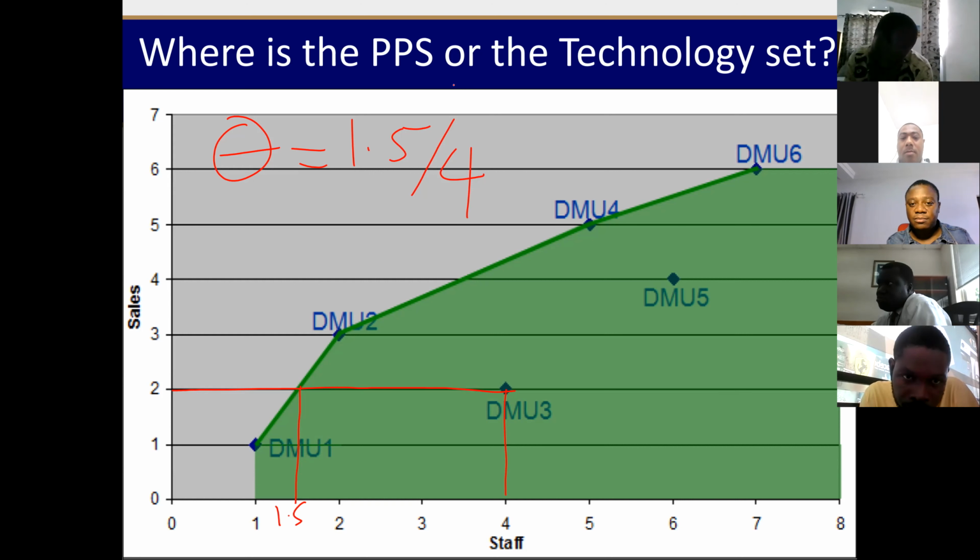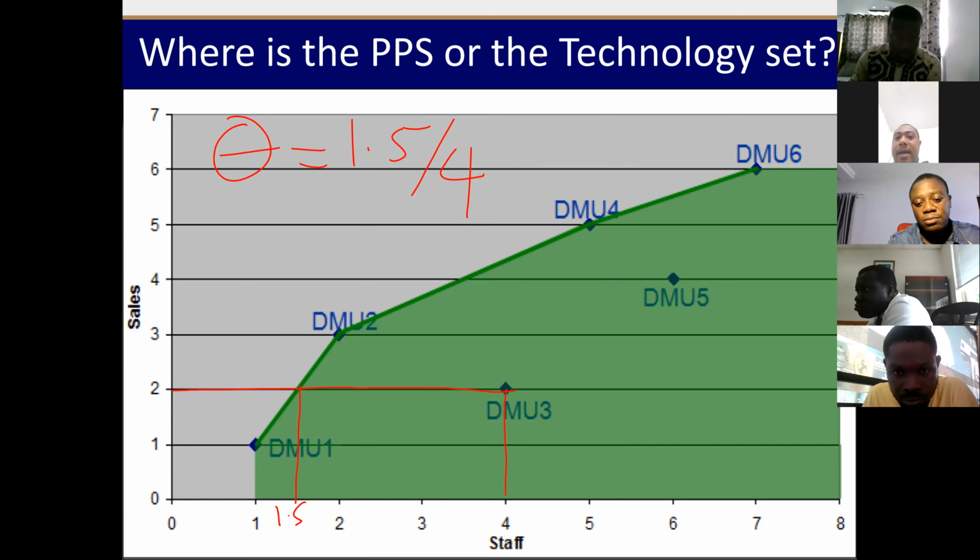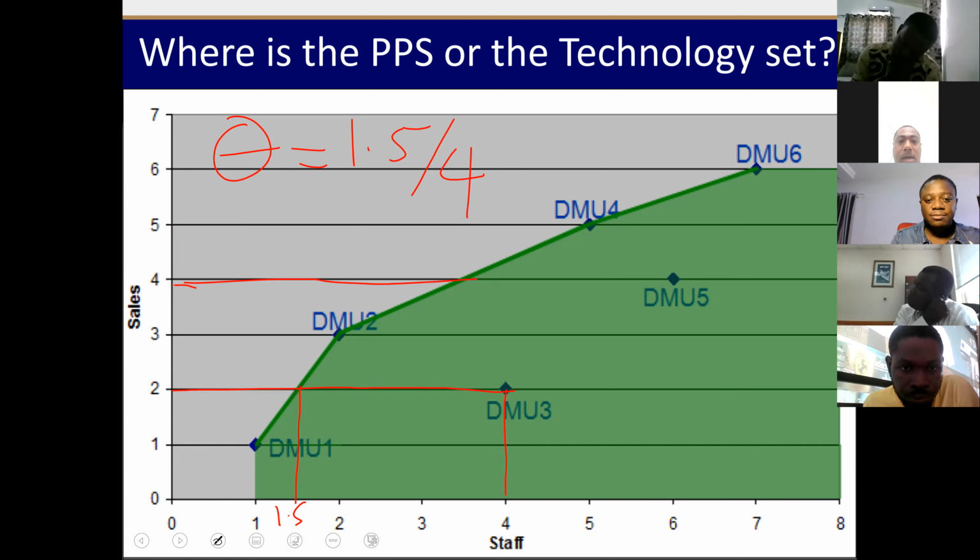McClure, tell us. Yes, sir. I would have traced the line from the origin to the frontier, which I estimated, and I got about 3.5. Then you come down, it reads about 3.5.